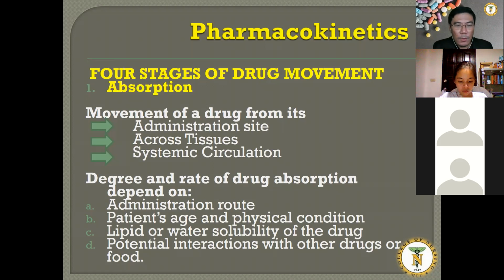Physical condition. Do you think an undernourished child or individual, or an obese individual, may alter absorption? Yes. For obese, it means exceeding the ideal body weight. Class, remember, for obese individuals, metabolic response is slow. The slower the metabolic response, the more delayed the effect of the drug.